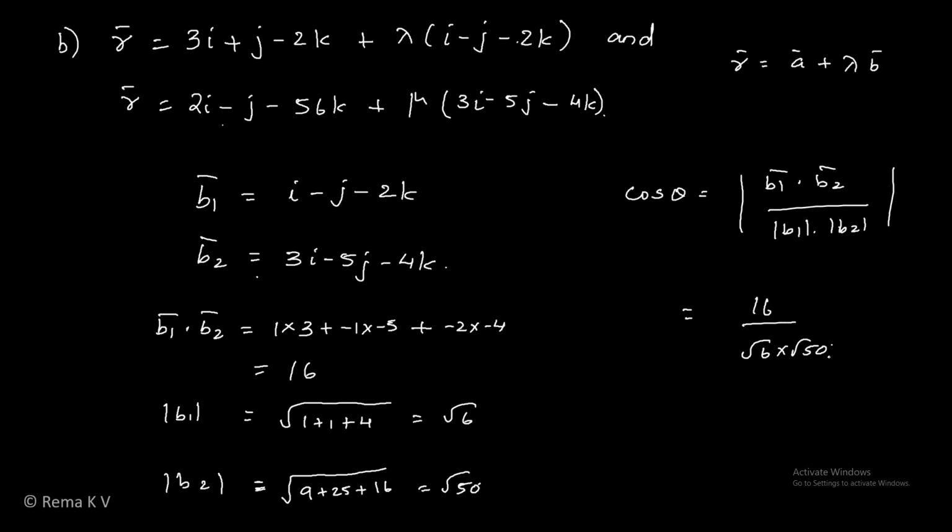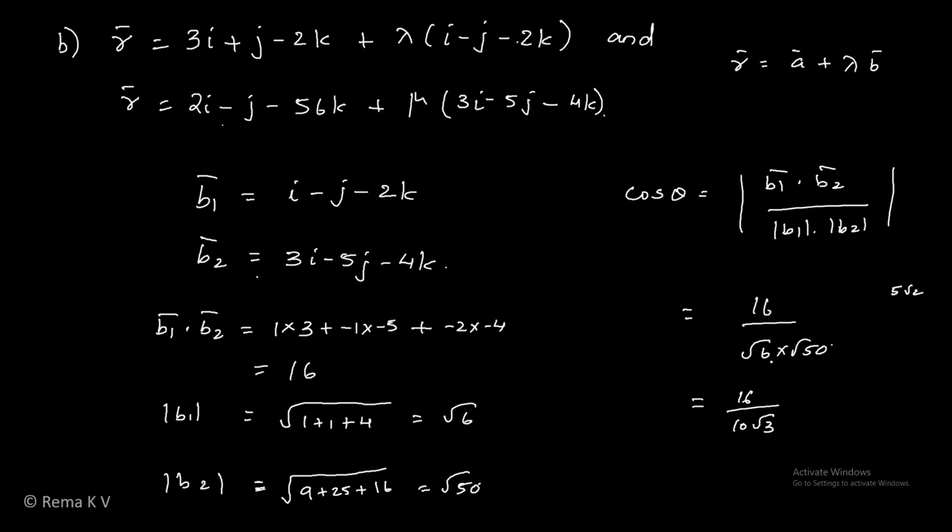You can write root 50 as root of 25 into 2, which is 5 root 2.